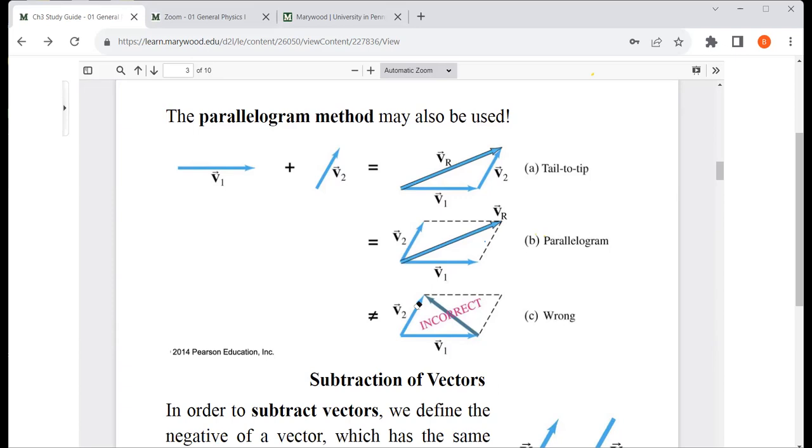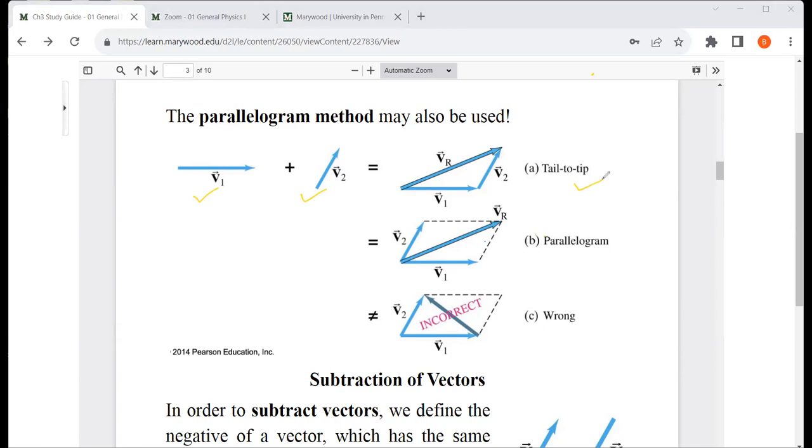So what is the parallelogram method? The parallelogram method is very similar to the tail to tip method. If we have these two vectors, we use the tail to tip method and we get something like this.